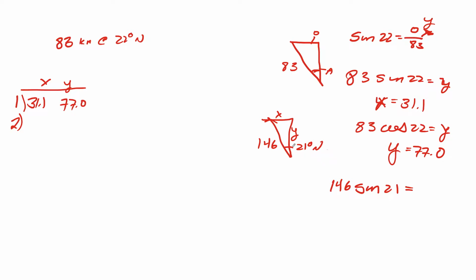Still opposite over hypotenuse. So multiply both sides by the hypotenuse, and you're going to get the opposite, which is my x direction. So 146 times the sine of 21.